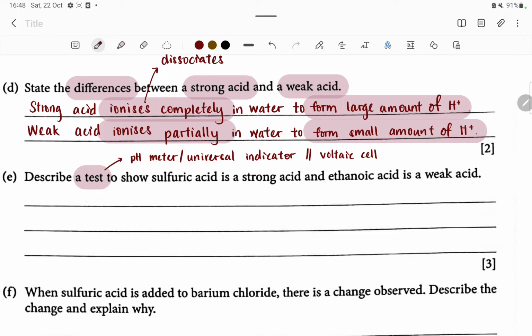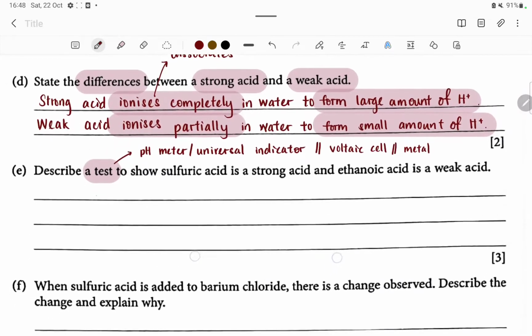Or the fourth way, there's actually many ways. We use the chemical properties of the acid. One of them is the reactive metal. So we use this acid to let them react with the metal.